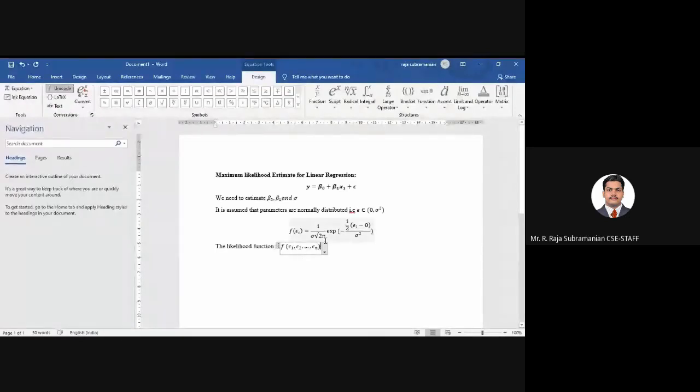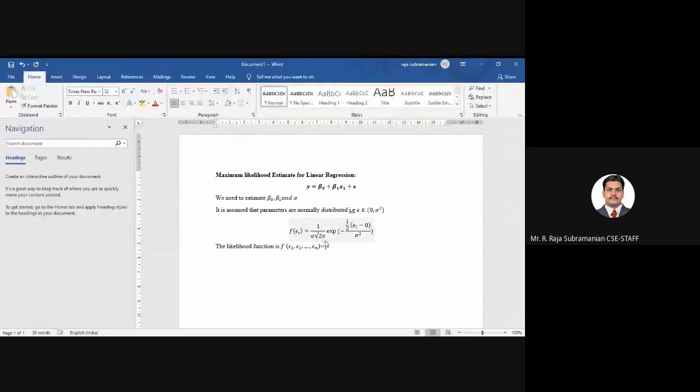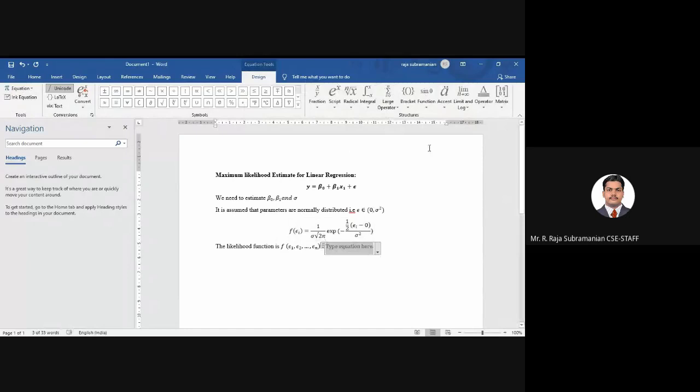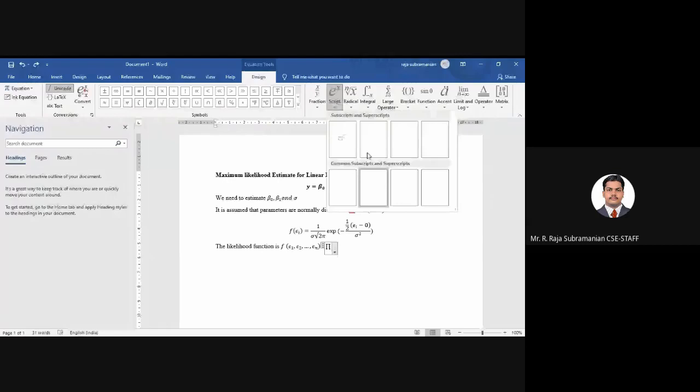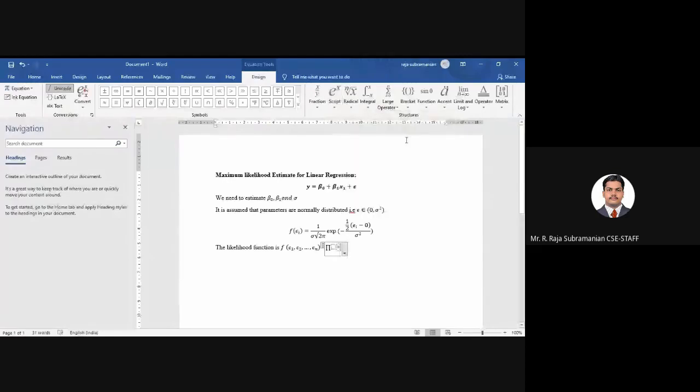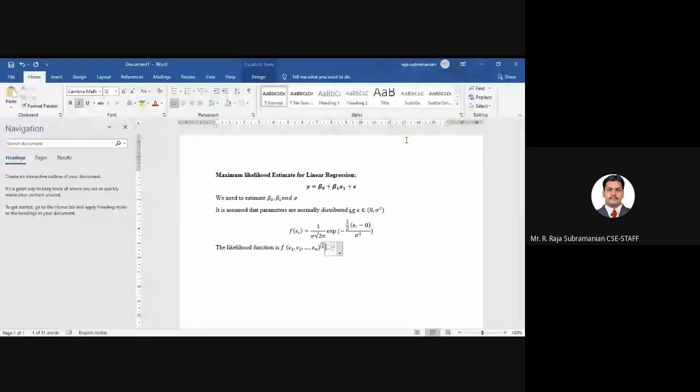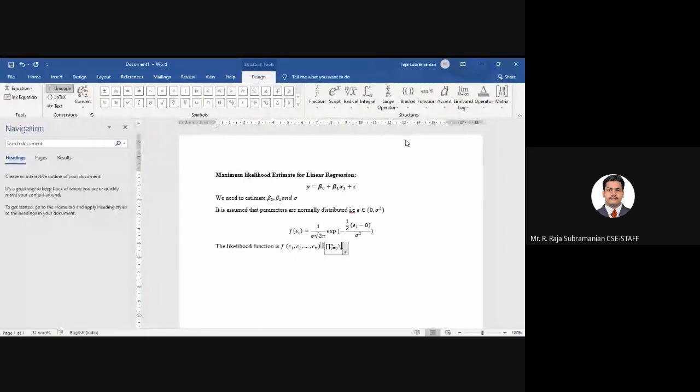Using that, I say that this can be represented as a product term where I can represent it as product of, I is equal to 0 to n, epsilon I. Since all are going to be independent, I can just multiply all the epsilon error values and then represent it as a multiplicative term.